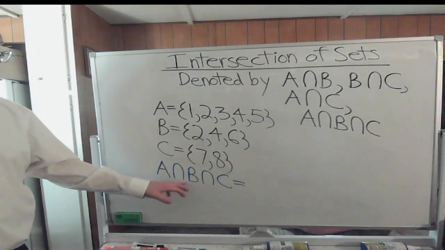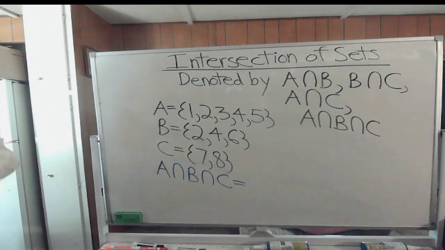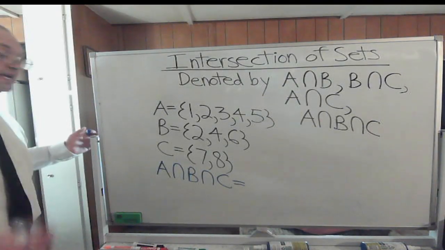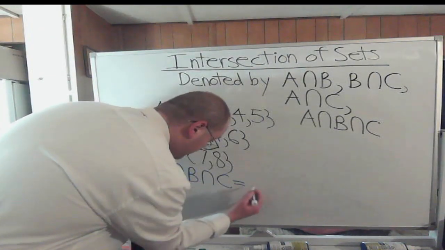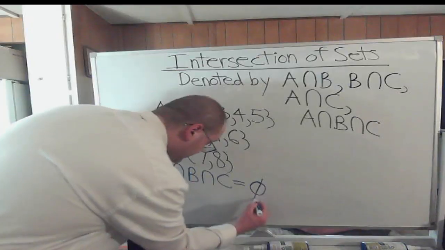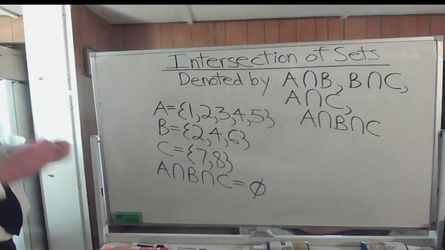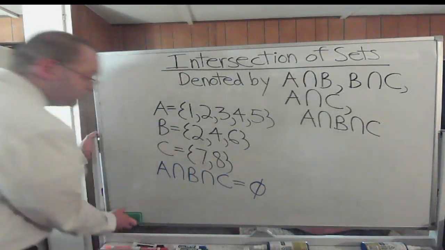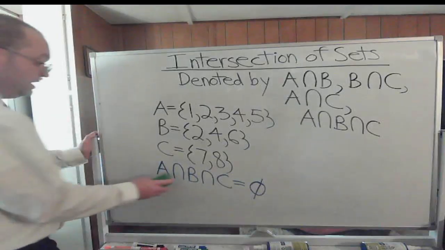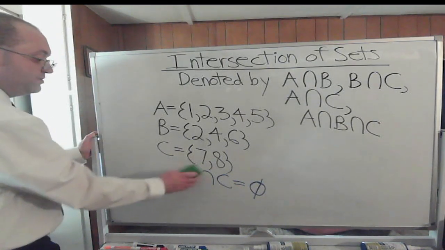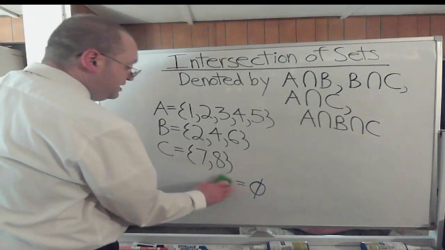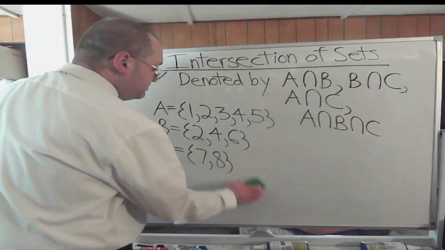So even if for one pair you got a result, if you try to intersect it with an empty set, you're just going to get an empty set. If you try to intersect anything with an empty set, you just get an empty set for your result. So there's no answer to that. Now if you try to union something with an empty set, then you'll get numbers. You'll actually get values.